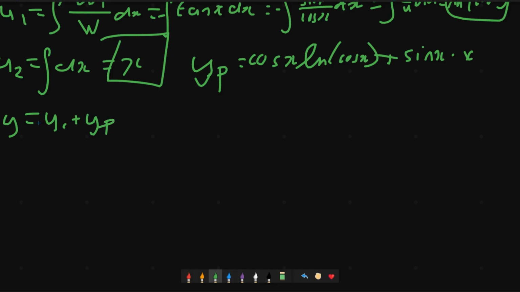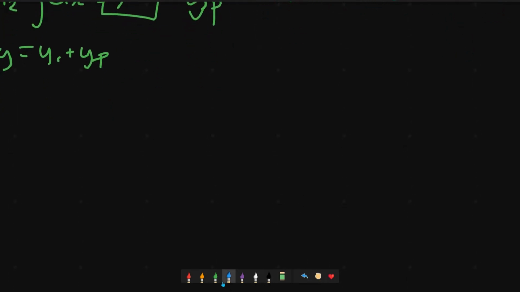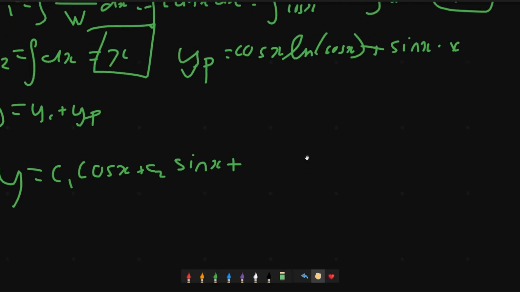So it's the complementary solution and the particular solution summed. So y is going to be c1 cosine x plus c2 sine of x plus cosine x times the natural log of cosine x plus x multiplied by sine of x.